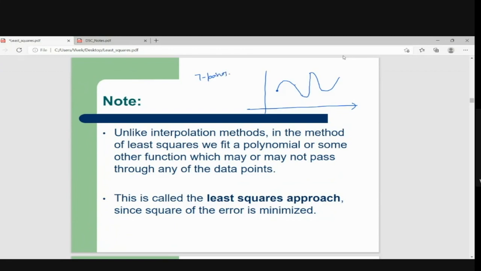If you do this interpolation, maybe with Newton's method or Lagrange interpolation, then you will get a sixth degree polynomial.